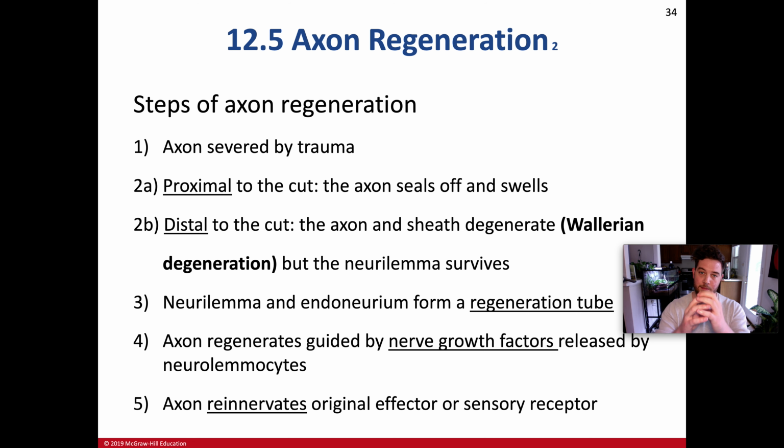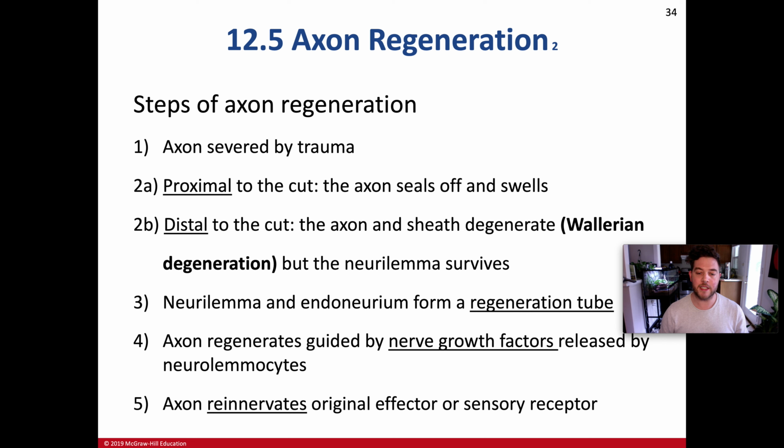Remember, the myelination and the neurolemma wrap around the axon. So the axon and the sheath itself will degenerate, but the structure, the scaffolding for it, is still there. The neurolemma and the endoneurium form a regeneration tube. If you remember, the endoneurium was the outer connective tissue layer of the axon.